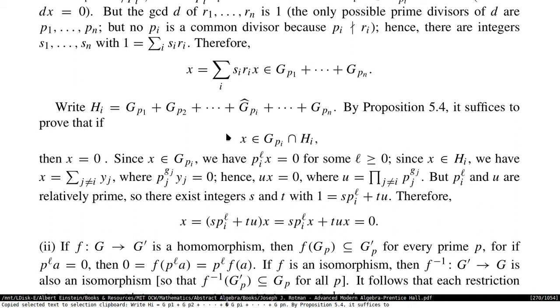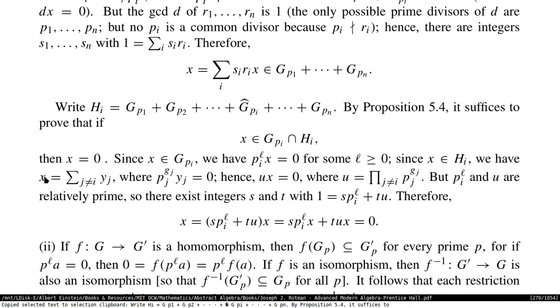Now since x is in the p primary component, you can write this as pi prime to the power of some positive number times x. It vanishes, you have 0. Now, as this x is also in hi, you can write x as a unique expression of stuff from the rest of the sum, right?